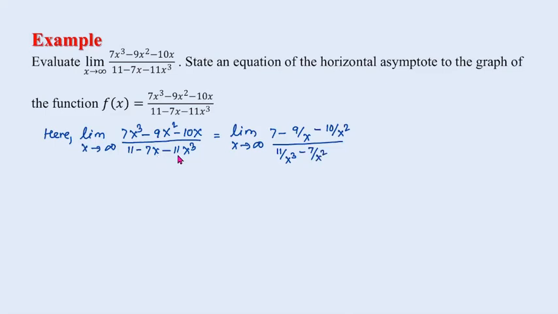And then finally here, minus 11x cubed divided by x cubed is 11.